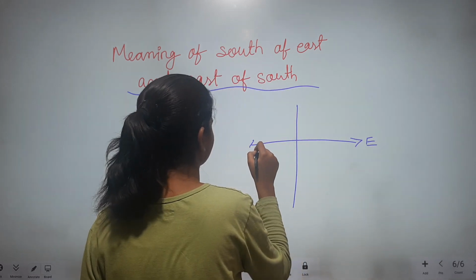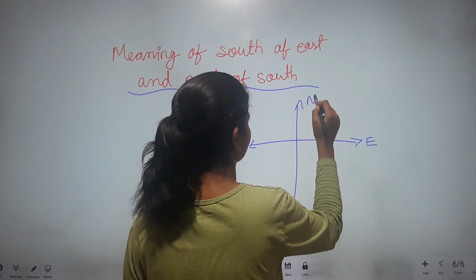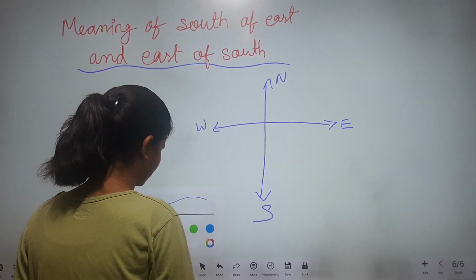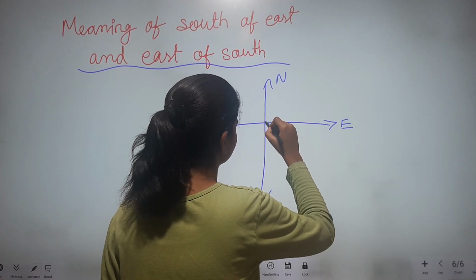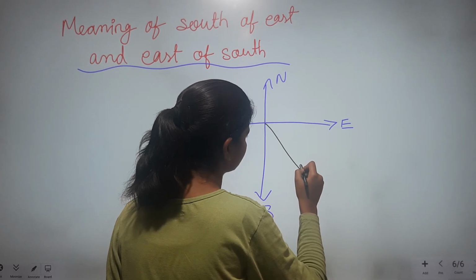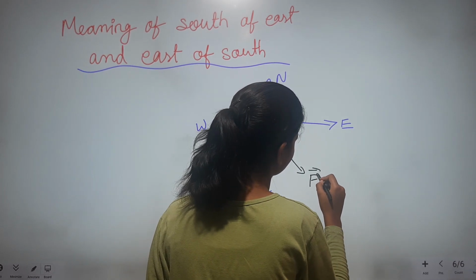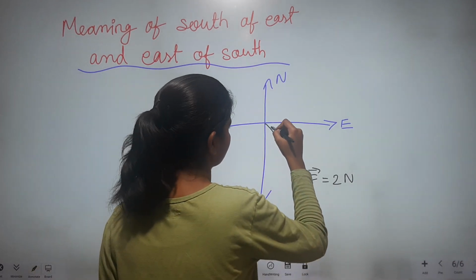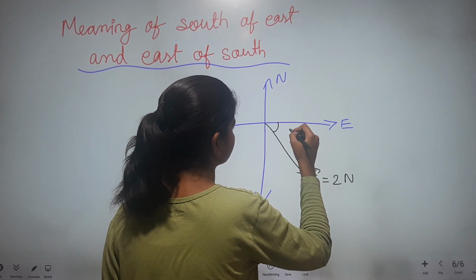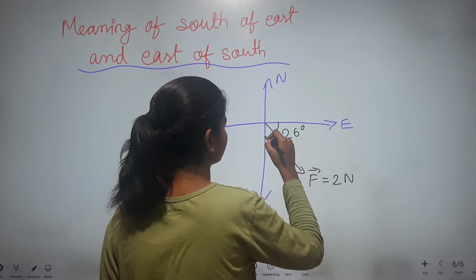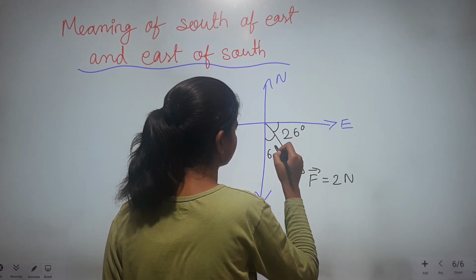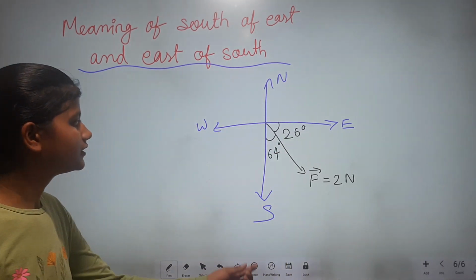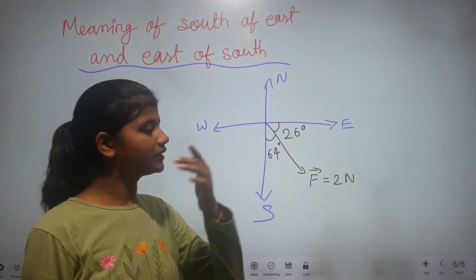East, west, north and this one is south. Okay. Let this one be force equal to 2 Newton. Okay. And this angle is 26 degree and this one is 64 degree. Okay. So here 64 plus 26 is our 90. Okay.